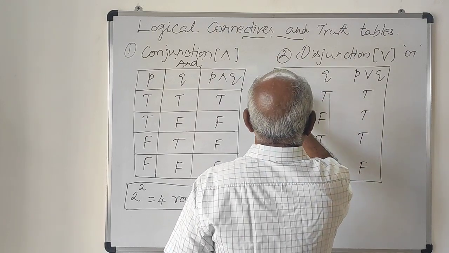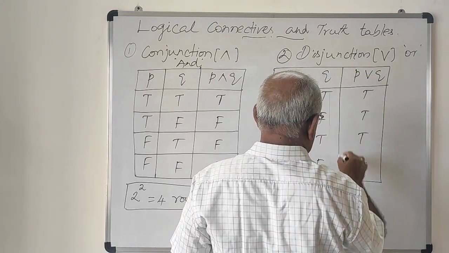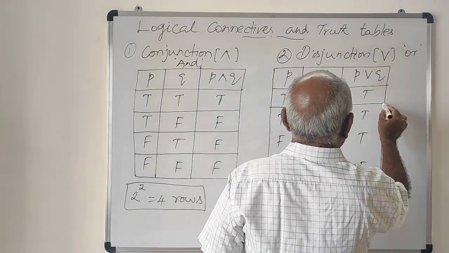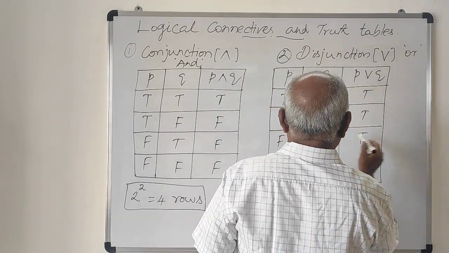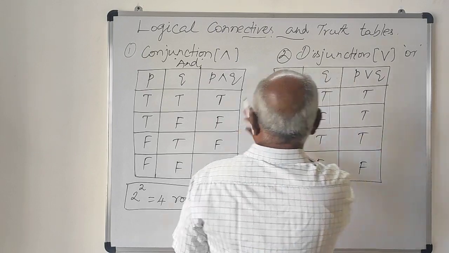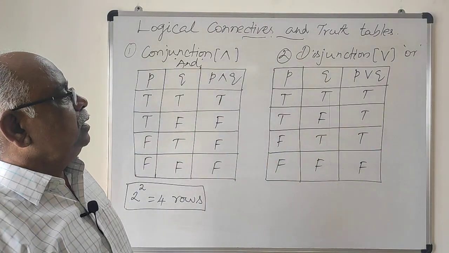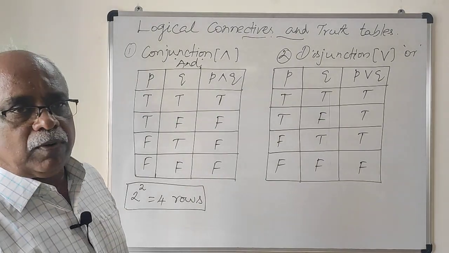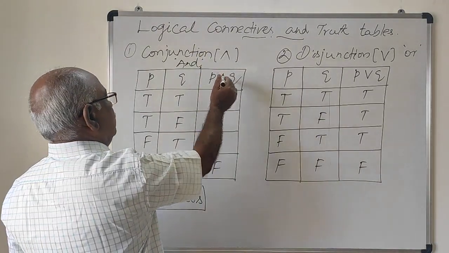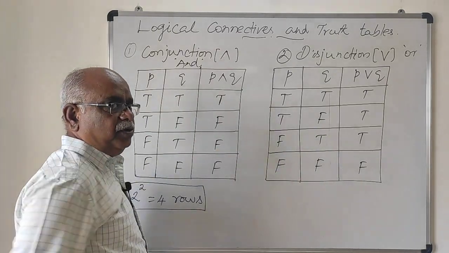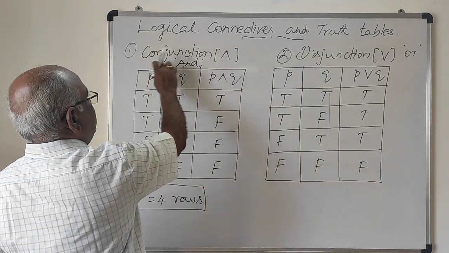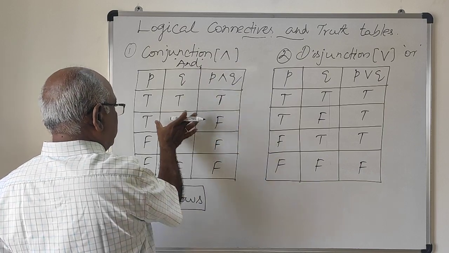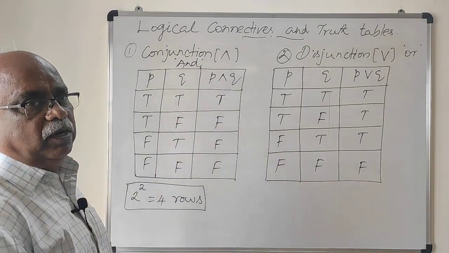You must remember these two truth tables. They are very, very important to solve the problems or to construct the truth tables in the exercise. For conjunction, both are T, the truth value is T; otherwise all the rest are false.